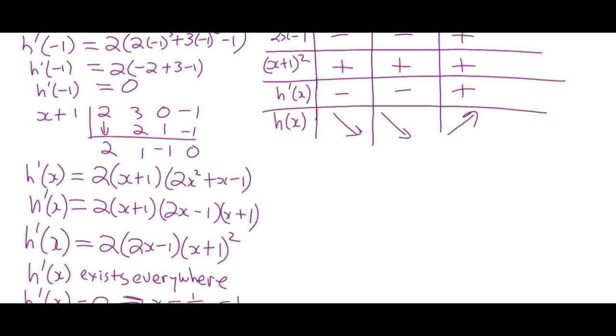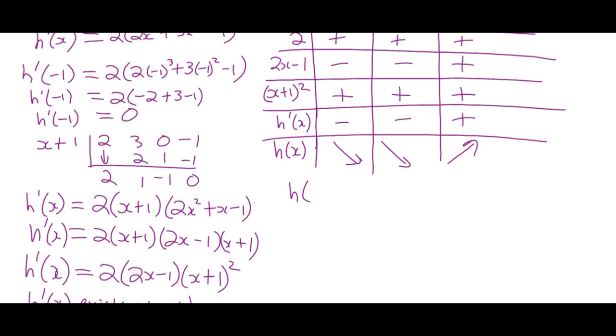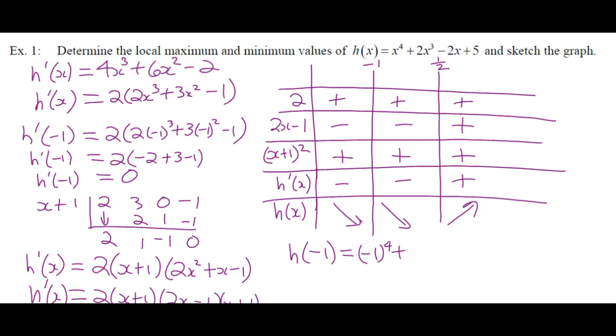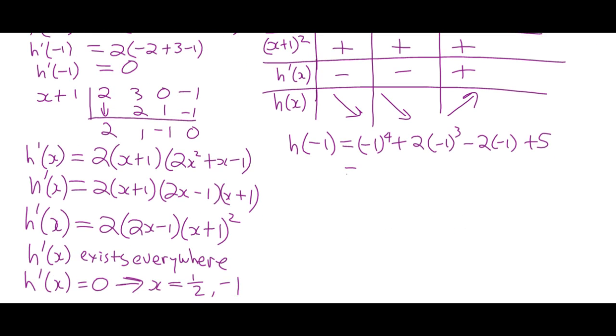Okay, so h of negative 1 is negative 1 to the 4th plus 2 times negative 1 cubed minus 2 times negative 1 plus 5. So what do we got? 1 minus 2 plus 2 plus 5 gives us 6.